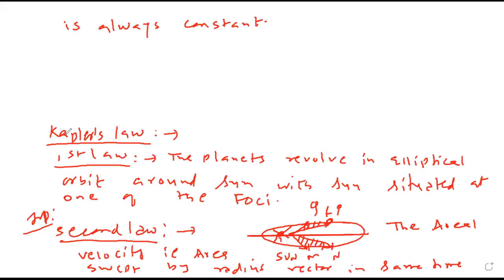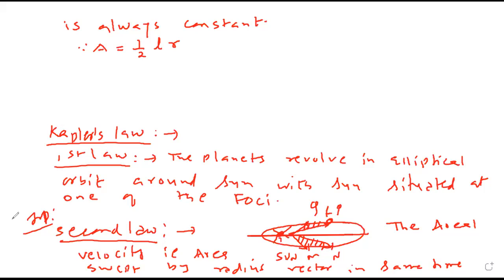Now why is that areal velocity constant in the same time? Area of a sector is half length of arc into radius. If you know, half LR is called the area of a sector.